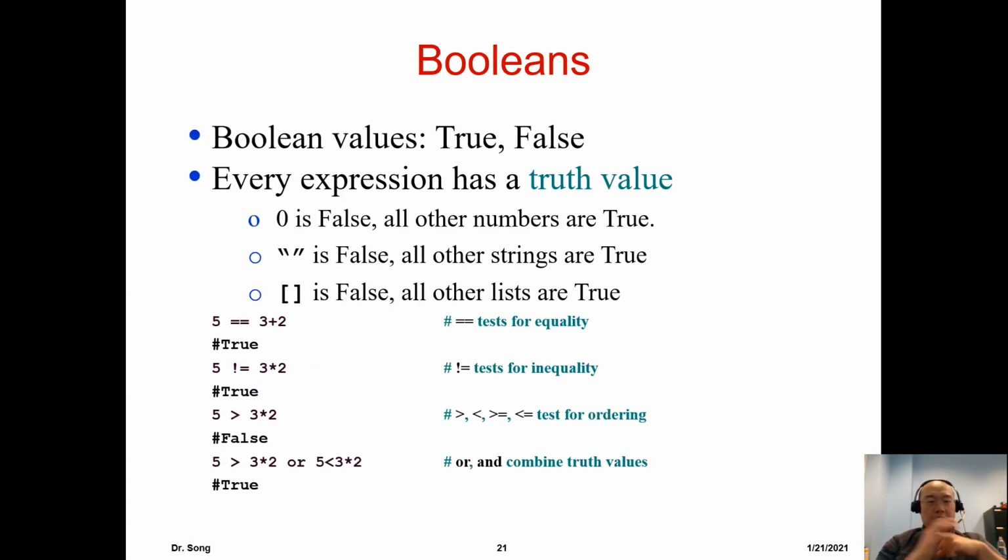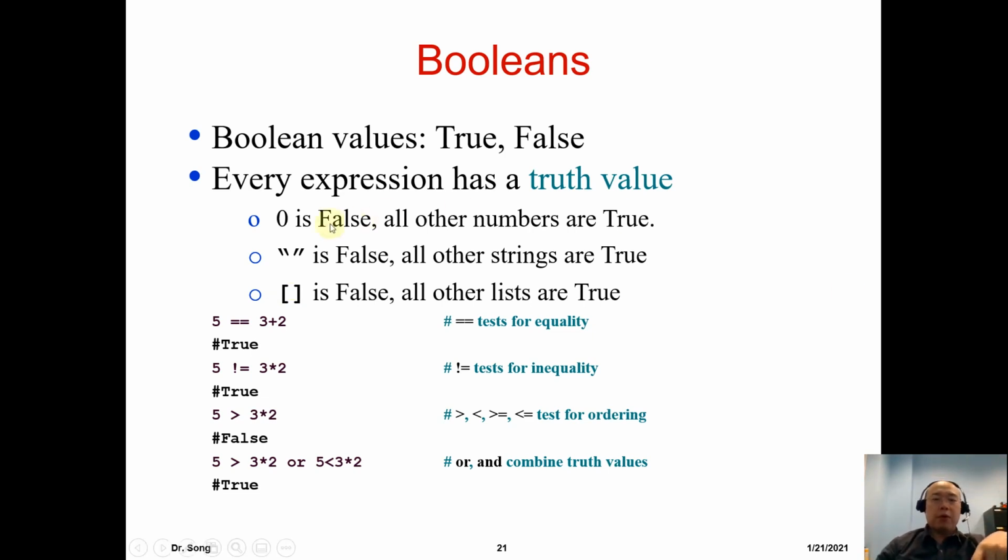Okay, and for the Boolean, Boolean is a kind of easy data type in Python. We only have 2 values, true and false. Like 5 equals 3 plus 2, that will be true, because on the left side we have 5, and on the right side we also have 5. So 5 equals 5, and this will give you a true. In Python there's something special: you can evaluate any data type as true or false.